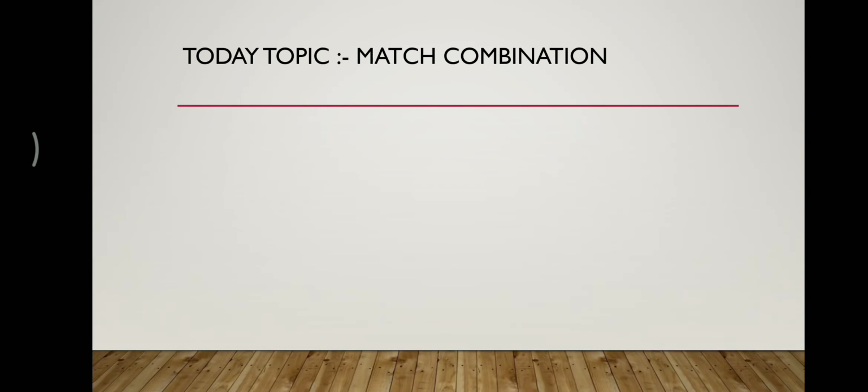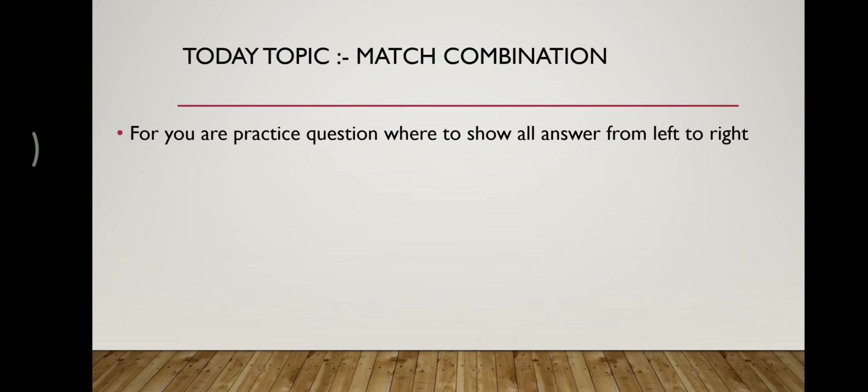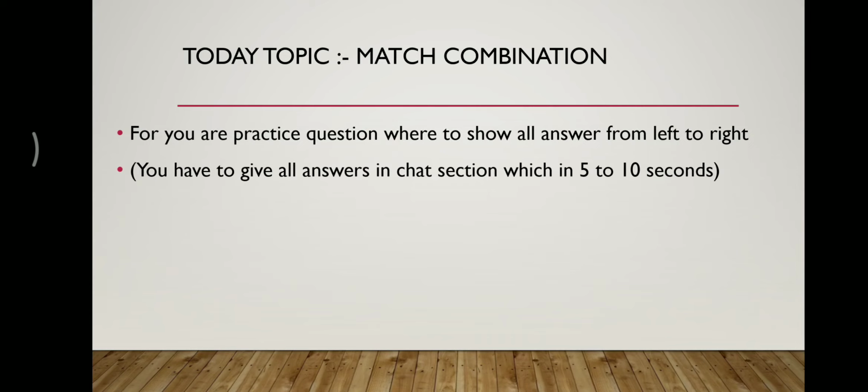Moving forward, next we are going to practice solving all sums from left to right. Here to here, not here to here. You have to give all answers in the chat section in 5 to 10 seconds. Okay, I am giving you some examples to solve.